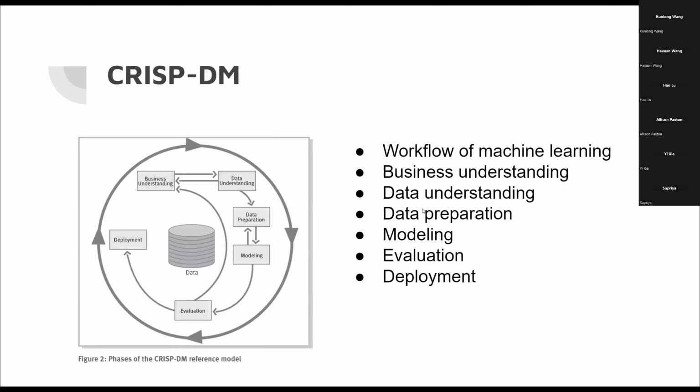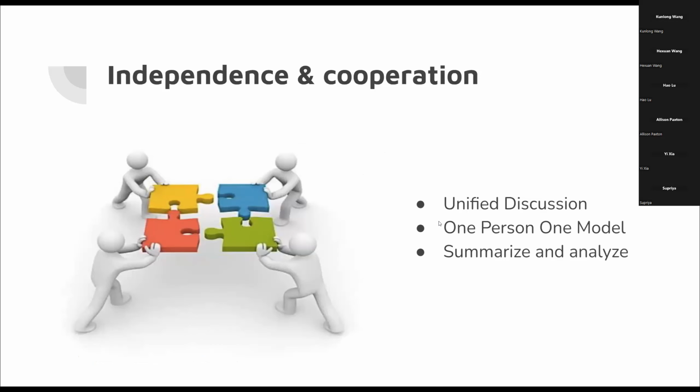Next slide. We learned the workflow of machine learning. We learned how to deal with data, how to clean the data, and how to process data with different models. In the end, we compared which model is more suitable for our project. Next slide. In the process of learning models, we assigned each person one model, and multiple models were run simultaneously.